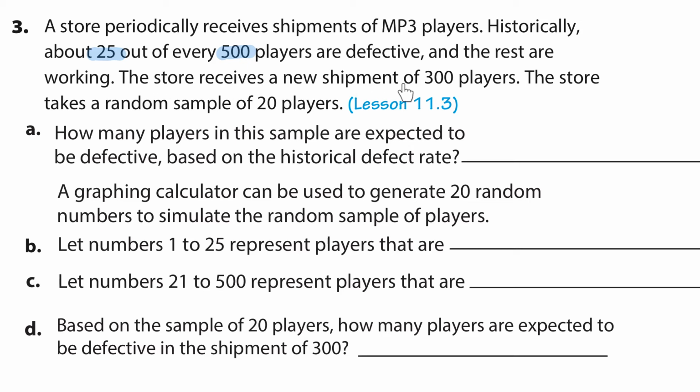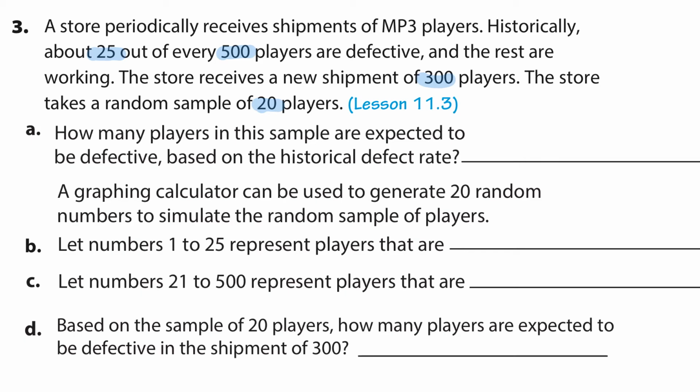The store receives a new shipment of 300 players. So that's important information. Highlighter, please. 300 players. The store has a random sample of 20 players. Okay, how many players in this sample are expected to be defective based on the historical defective rate?